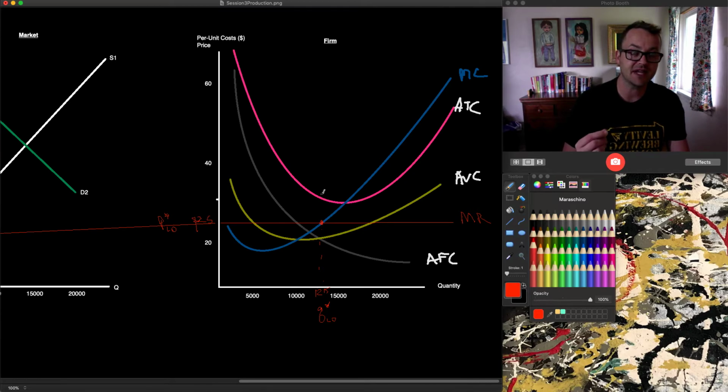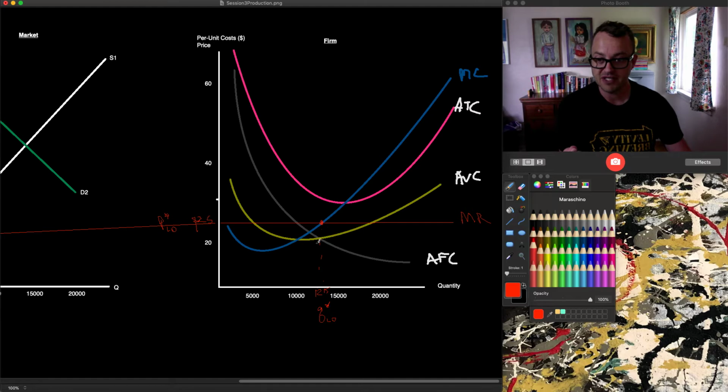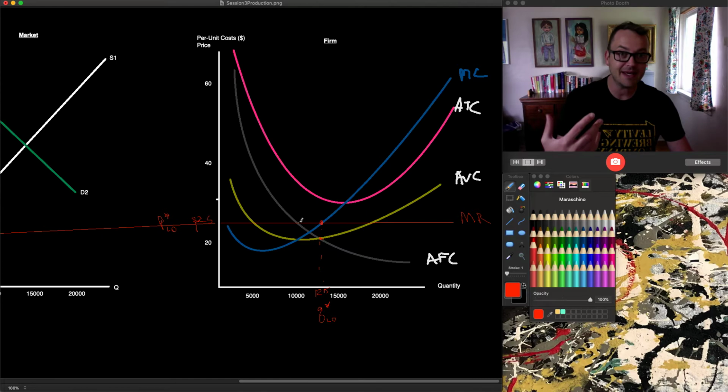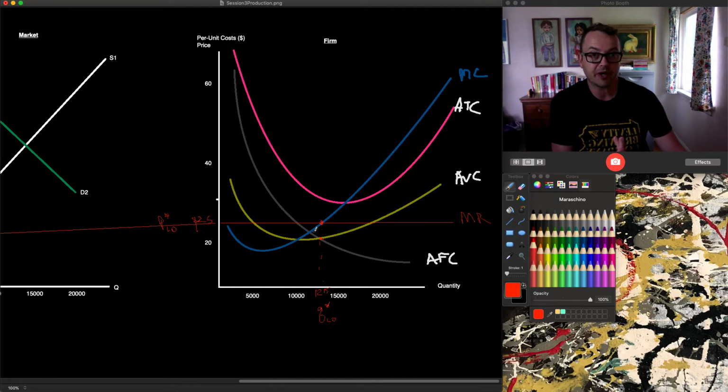So the second decision we make is, do our revenues at 12,000 units cover our variable costs? And we see here the average variable cost curve is down here closer to 20. We're up here at 25, so that means every unit we make and sell, we're covering about $5 over our variable costs. We're essentially bringing ourselves out of the hole a little bit, okay?